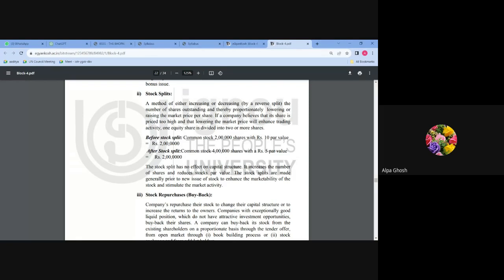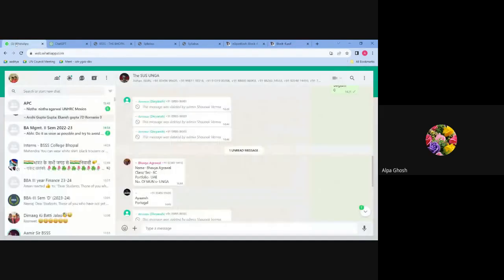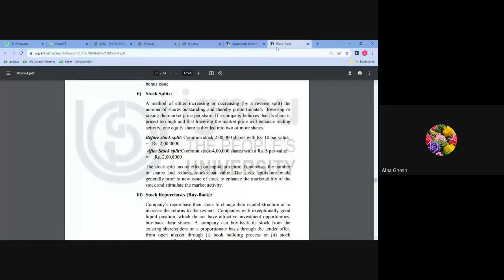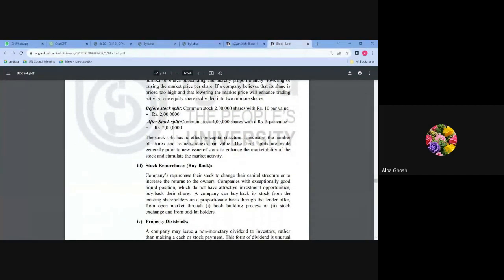The third is stock repurchase. Stock repurchase is buyback of shares. Buyback of shares means the shares which are in the market, given to the shareholders, we take back from them. Understood? So stock repurchase is when the company repurchases the issued shares to change its capital structure.